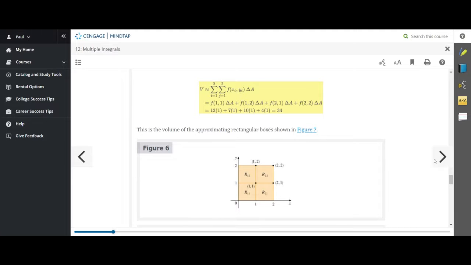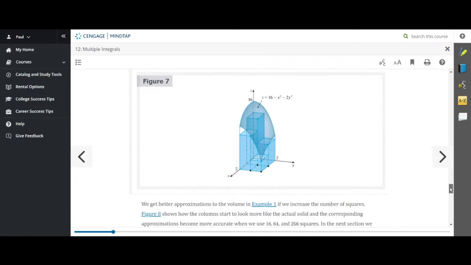Incidentally, if I go down to the figure here, is that approximation, that volume of 34, an underestimate or an overestimate to the true volume? Good. You can see it. It's an underestimate. That's right. How would we be able to get a better estimate?